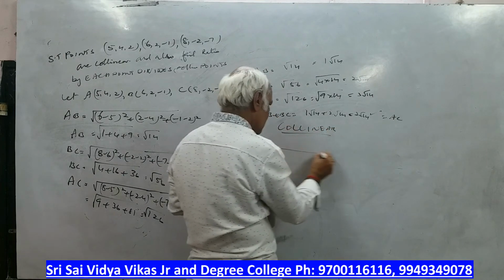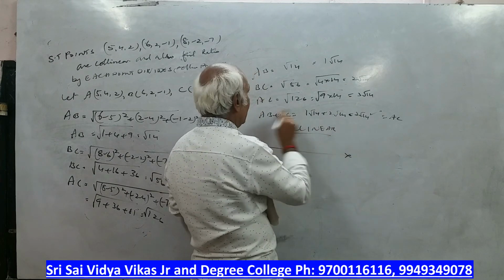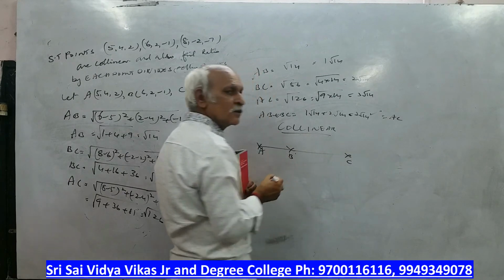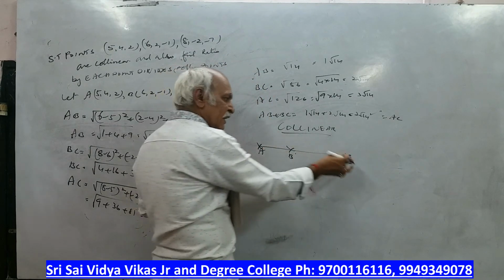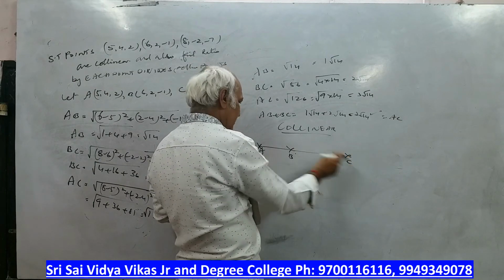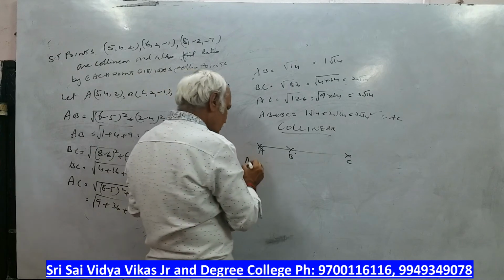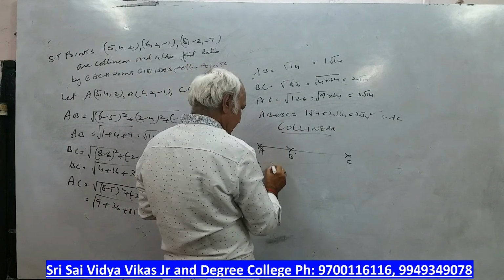I am just drawing AB plus BC is equal to AC. So A divides BC in some ratio, B will divide AC in some ratio, and C will divide AB in a different ratio. Those ratios you have to find out.